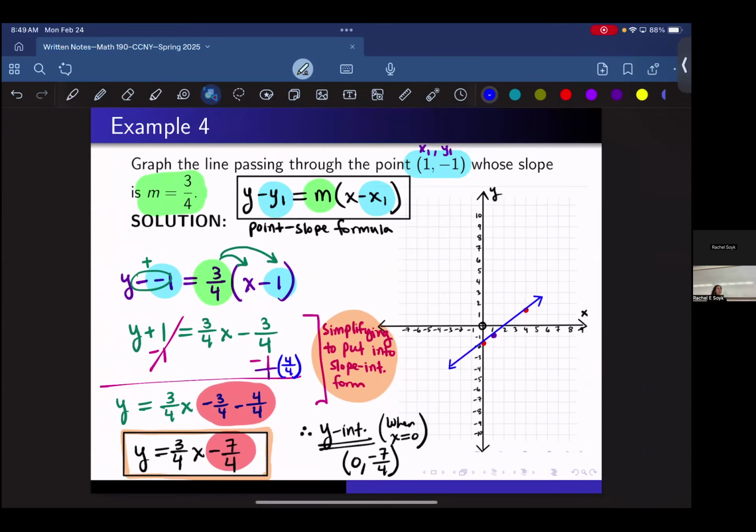The x and y axes are already labeled. So our last step is just to write the equation of your line on your graph. y is equal to 3/4 x minus 7 over 4. And that's it. We're done. Any questions?